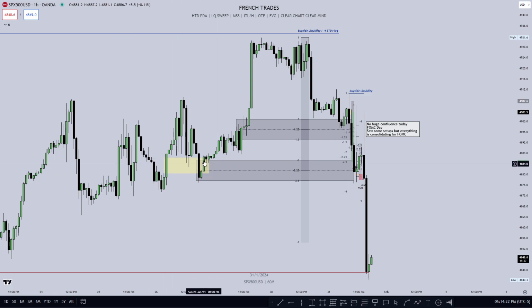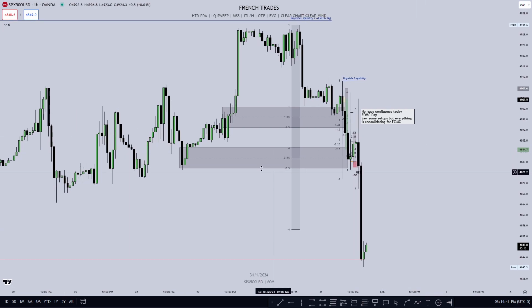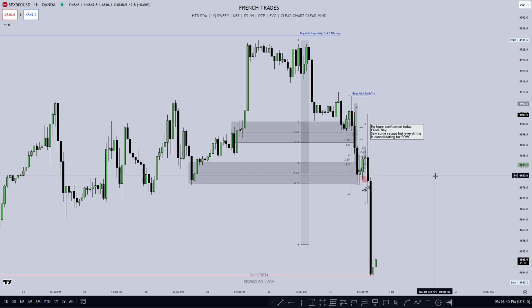Okay, this bullish fair value gap, bearish fair value gap, and then another bullish fair value gap. So this is almost a, what's called a, I forgot the name of it. A reaper. That's what it is. A reaper fair value gap. And so you can see the standard deviation does give us those pretty nice levels.